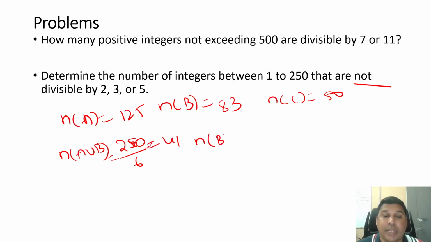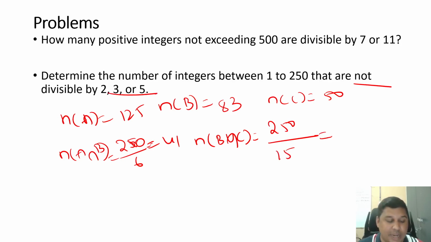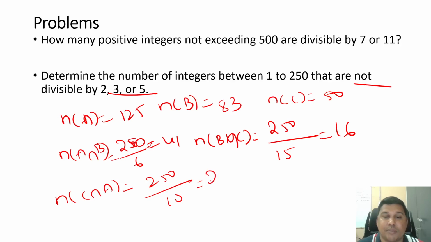n of B intersection C, sorry, we have to find out intersection. So B intersection C, that is 250 by 3 into 5, which is 15. You have to find out how many elements are divisible by 15. So it is around 16. Similarly, n of C intersection A. So 250 divided by 10, this is very simple, 25.